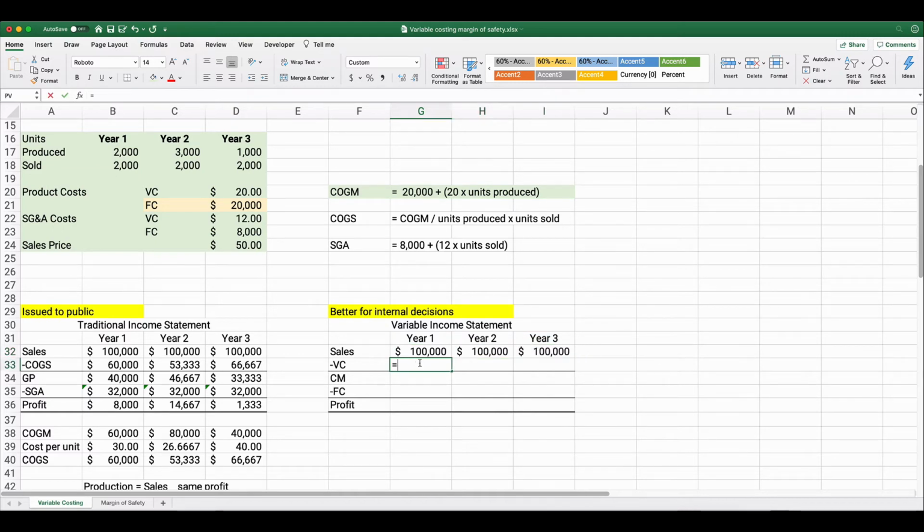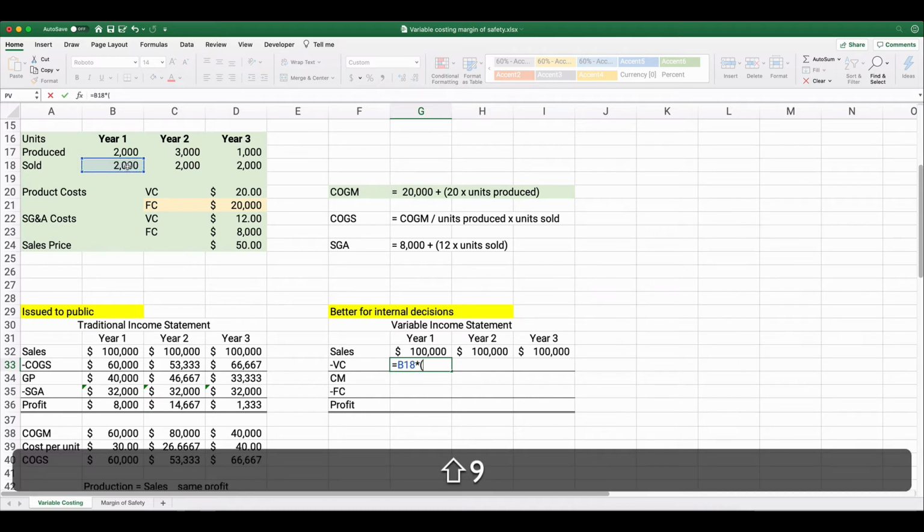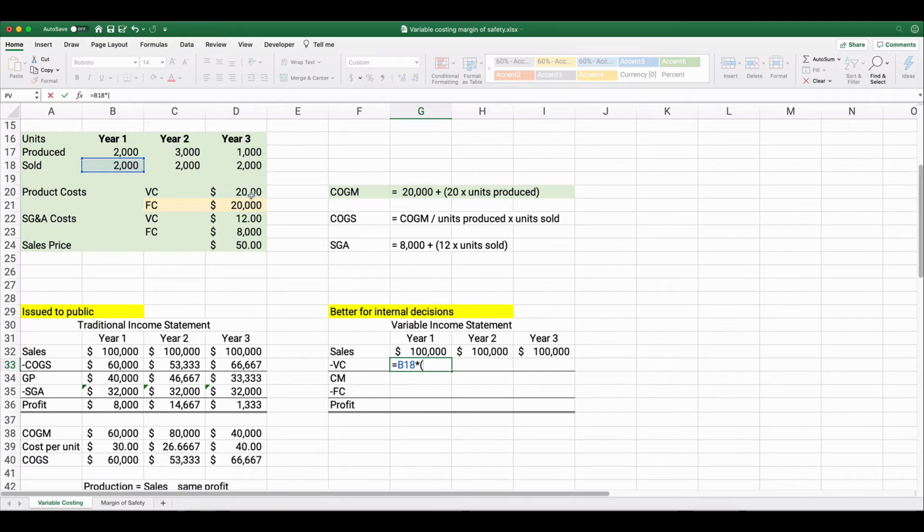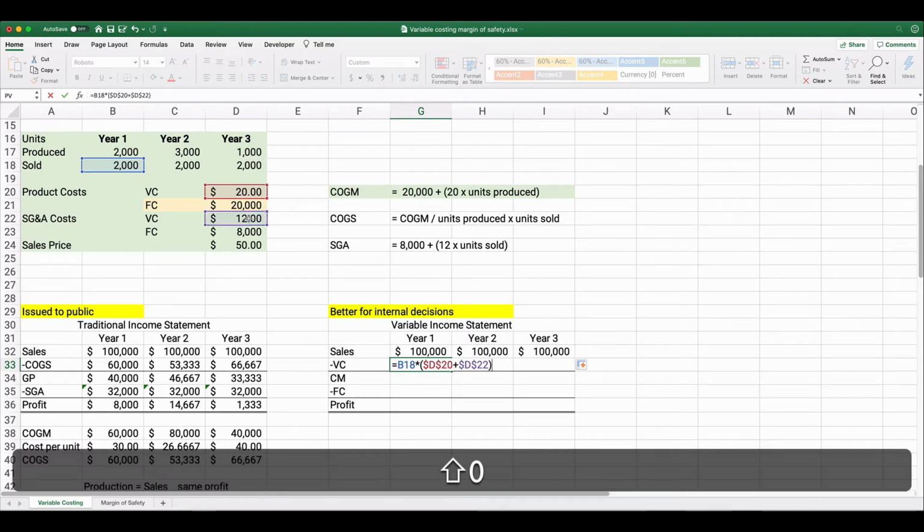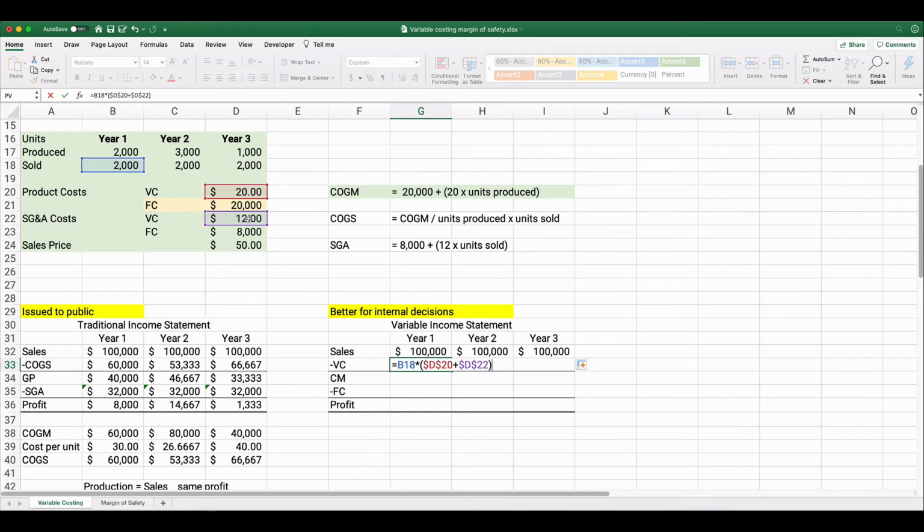So it's going to be the 2,000 that we sold times, and we'll just add the 20 is variable cost, plus the 12 is variable cost. Close our parentheses, make those absolute address. So it's going to be 64,000. We can just copy that across.